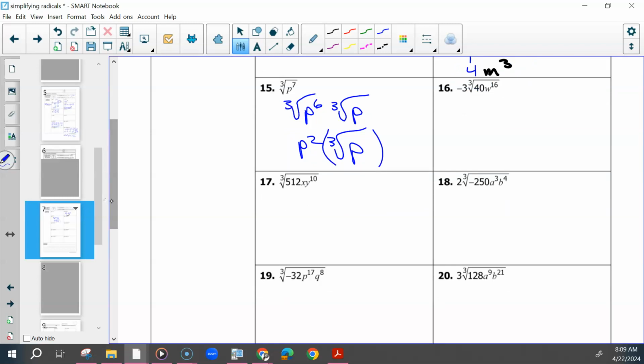Let's try something bigger, 17. Actually, I think that's a perfect cube. Let's try 16 instead. I'm going to separate everything. Is 40 a perfect cube? No. So figure out what the highest perfect cube that goes into 40 is.